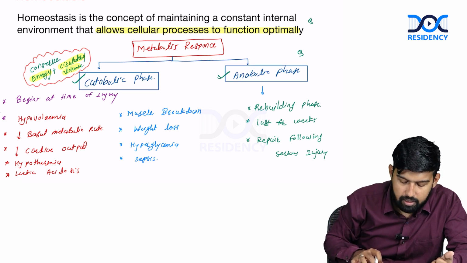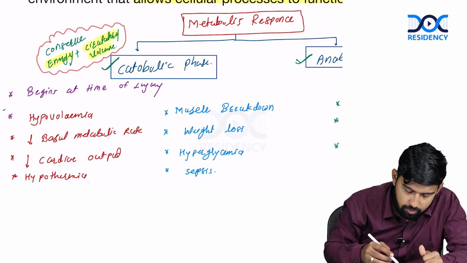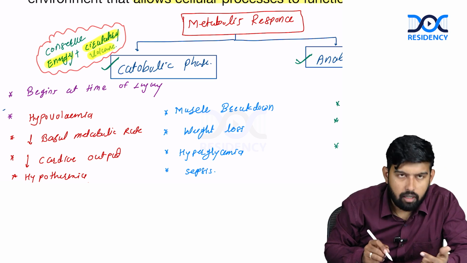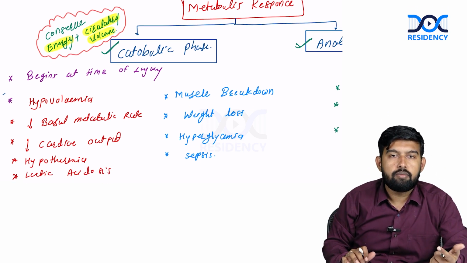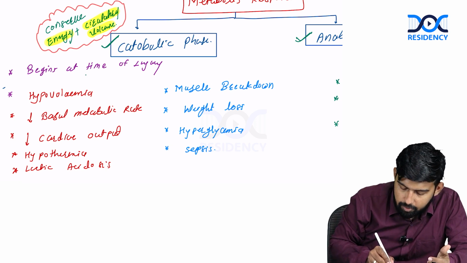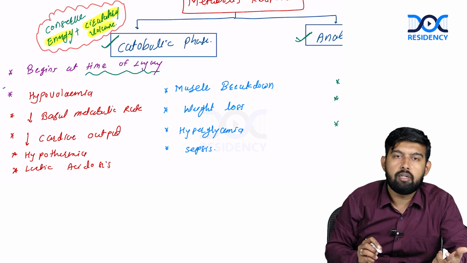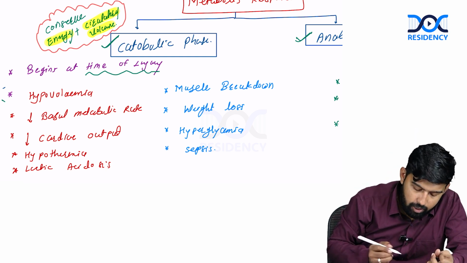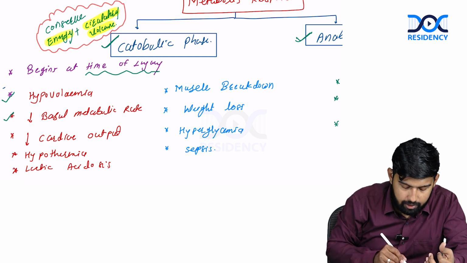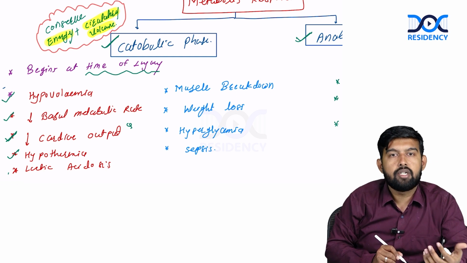The catabolic phase is specifically characterized by conservation of energy and conservation of circulatory volume. It begins at the time of injury, and the clinical features of the catabolic phase are hypovolemia, decreased basal metabolic rate, decreased cardiac output, hypothermia, and lactic acidosis.